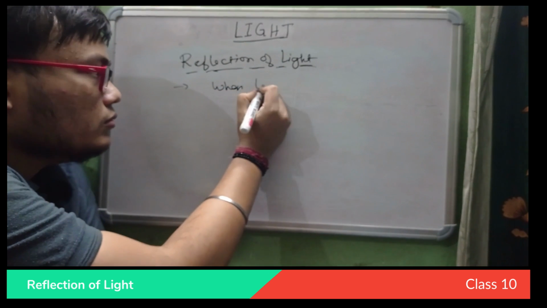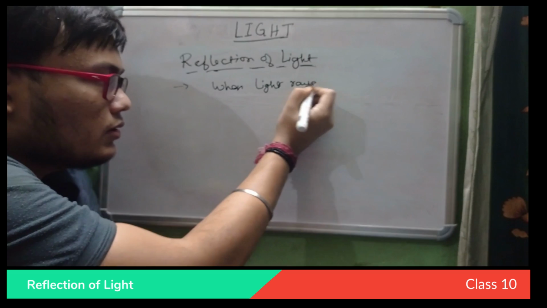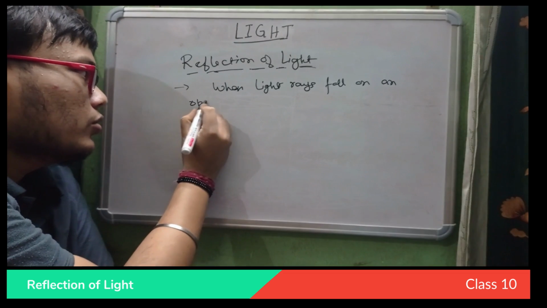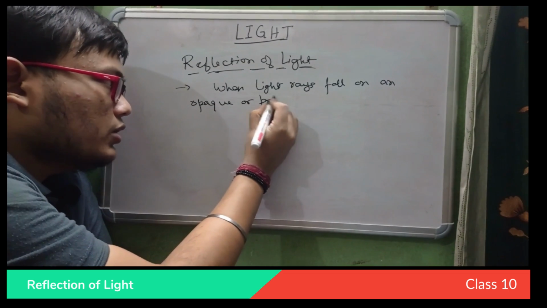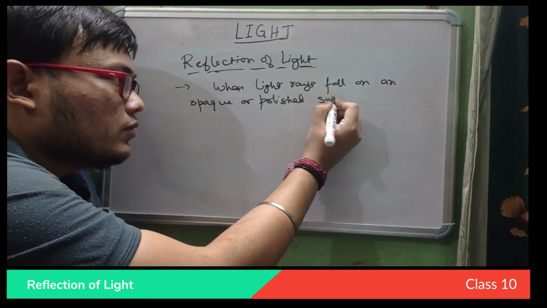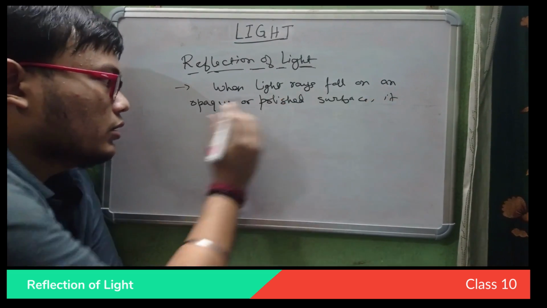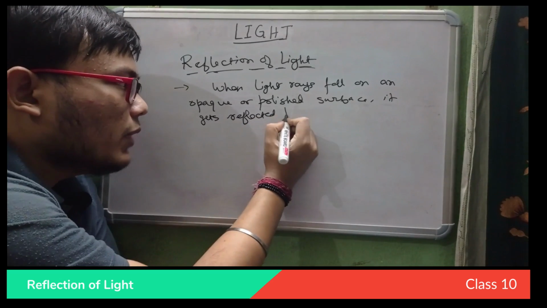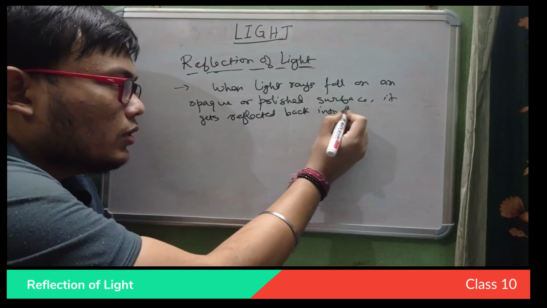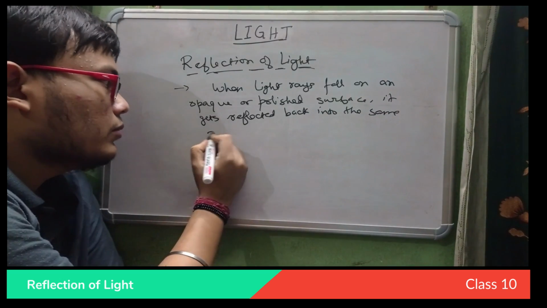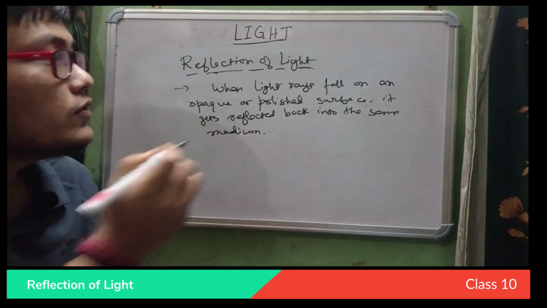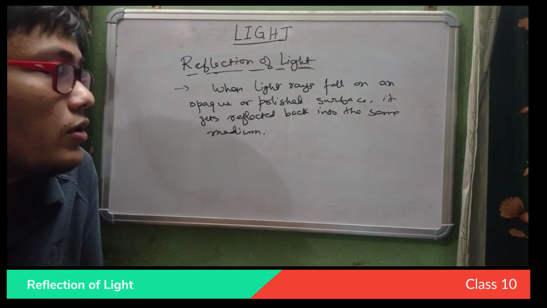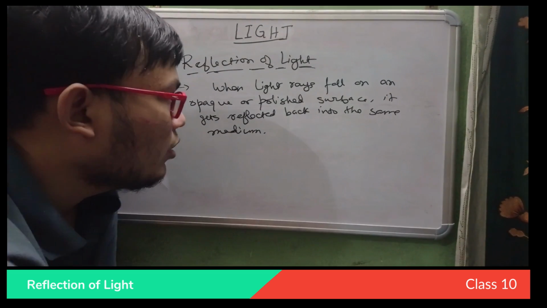When light rays fall on an opaque or polished surface, they get reflected back into the same medium. This phenomenon is known as reflection of light. The bouncing of light from an opaque object into the same medium is known as reflection of light.